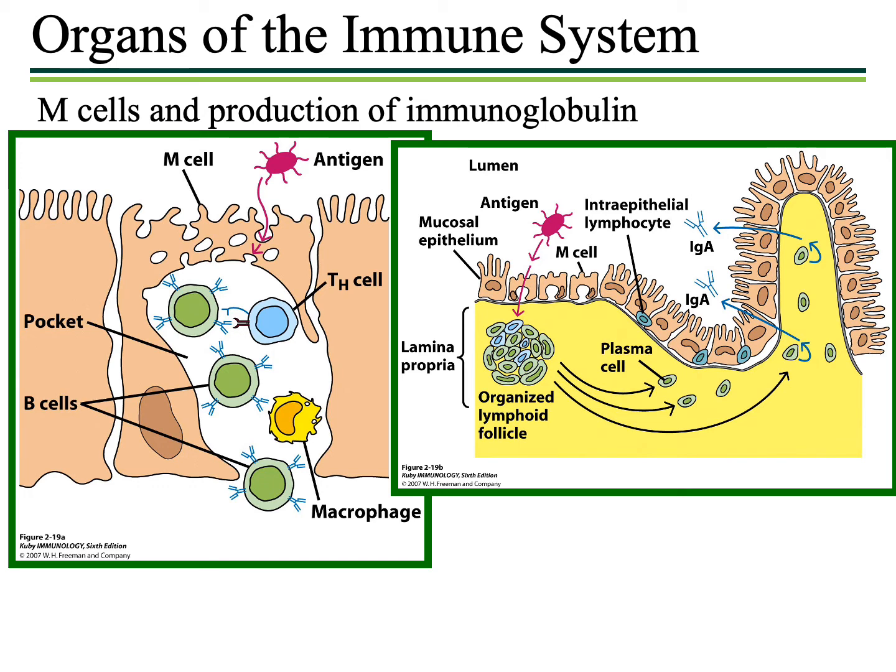So M cells are not phagocytes. They do not take in and destroy the potential pathogen. They do, however, move that potential pathogen across the membrane to the collection of leukocytes so that interaction can in fact take place. And so that is the job of the M cells overall.